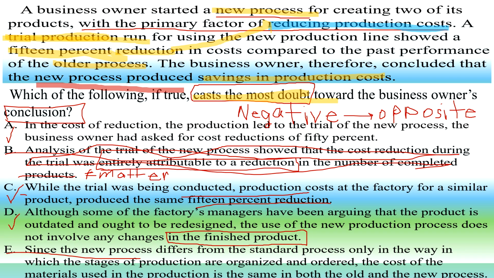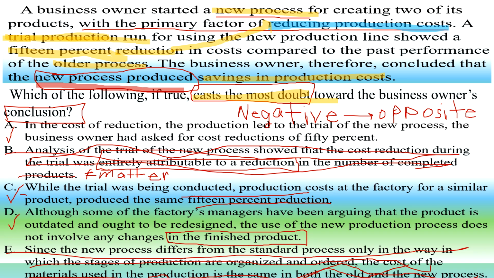Okay, this is out again, because the business owner is actually making a conclusion about the reason that the production cost worked. The new process is saving. So we've got to go back up here and see which causes him to think something bad about the new process.